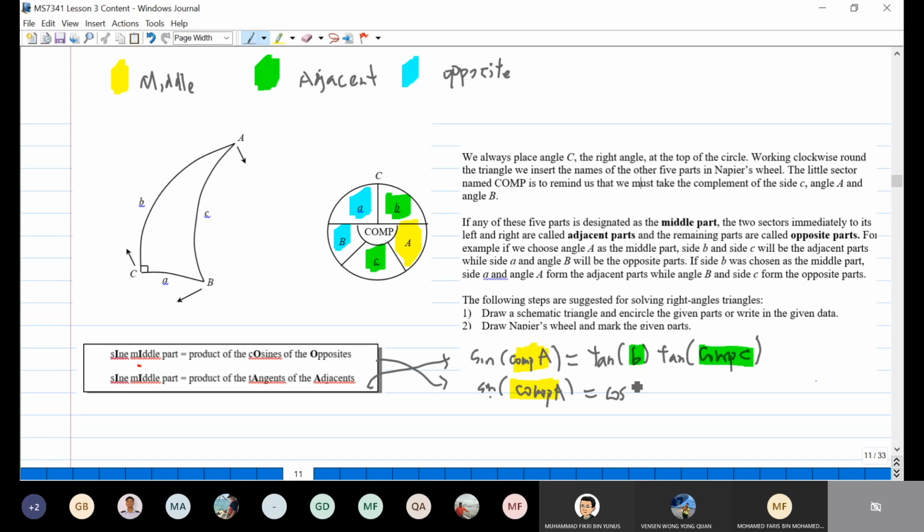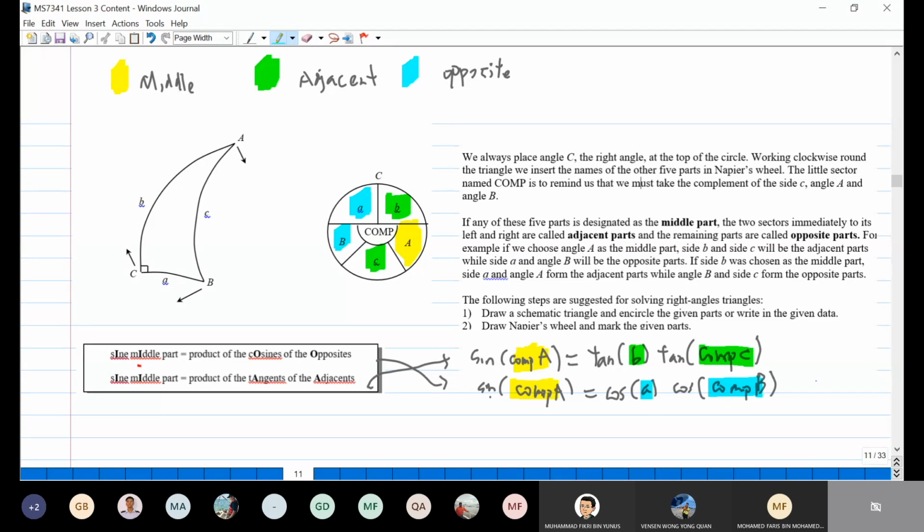One of them is cosine of A. The other one is cosine of complement of B, opposite. Right? So the complement of B, and A is the complement now. So this one is actually the blue one, opposite.